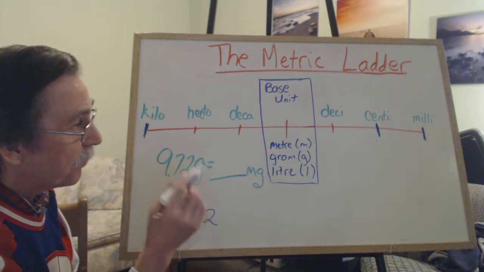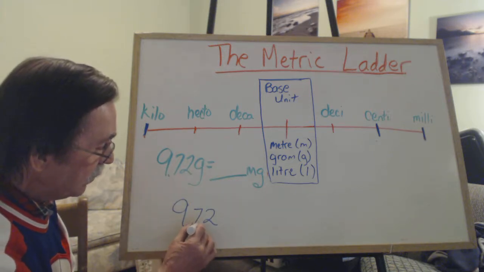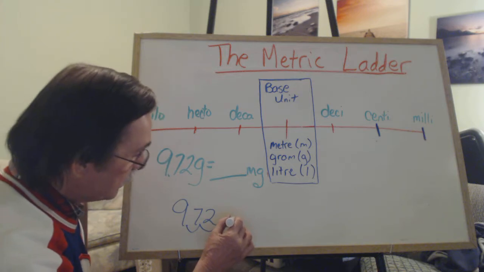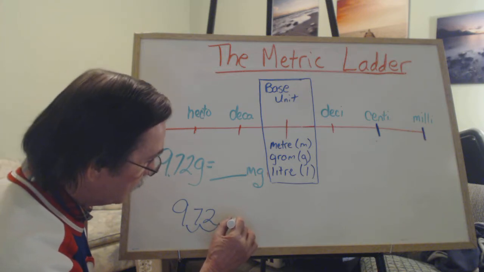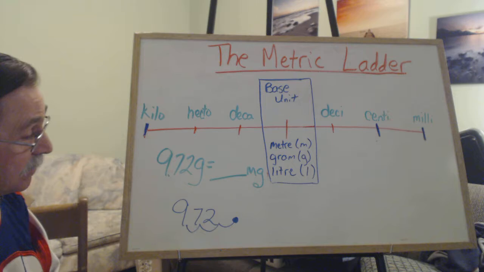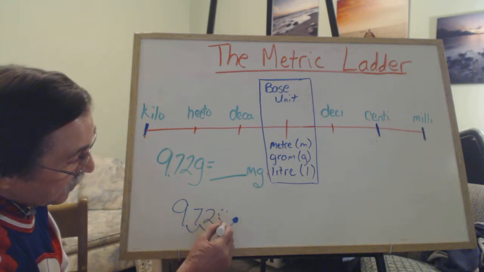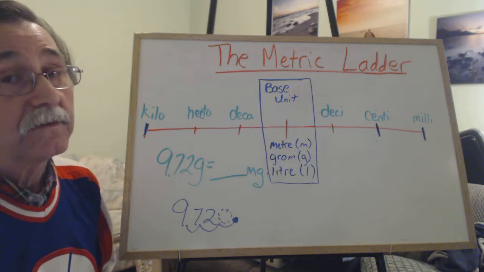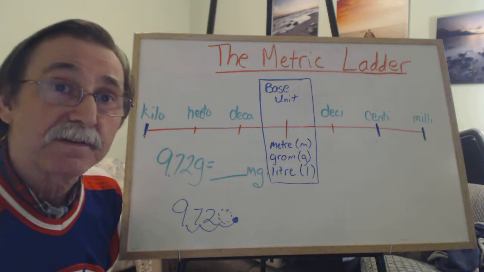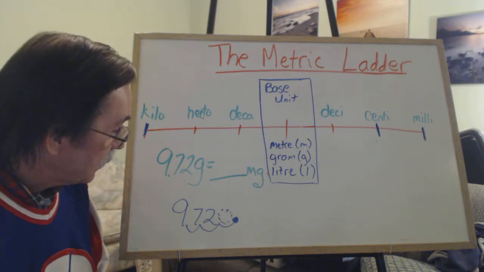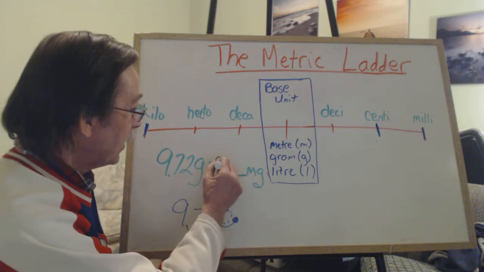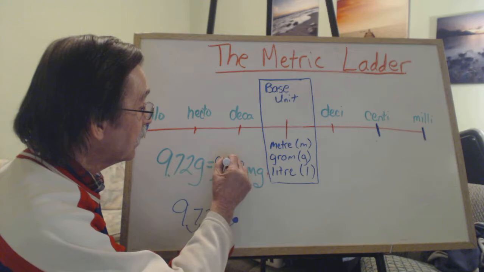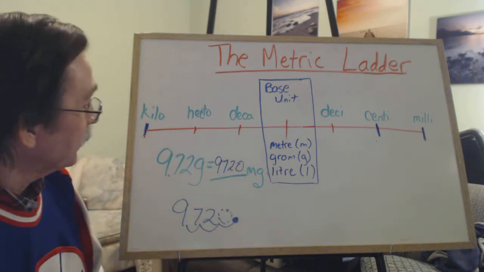That means I have to jump 3 times. I'll put my new decimal place right there, which means I've got to fill this spot in with a placeholder, and the only digit we can use as a placeholder is 0. So my answer is 9,720 milligrams.